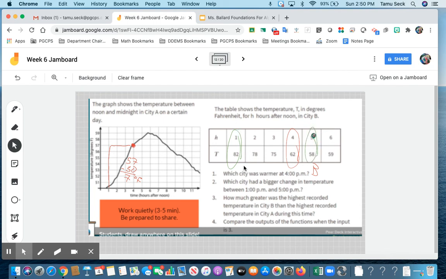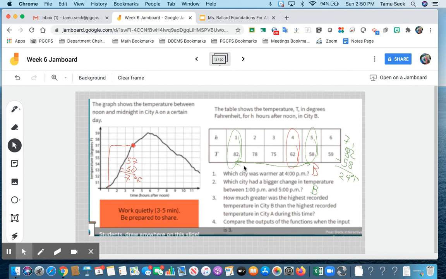Between 1 and 5 on the table, it's changing between 82 degrees and 58 degrees. So that's 24 degrees. So which one had a bigger change? It was B that had a bigger change because 24 is bigger than 7.